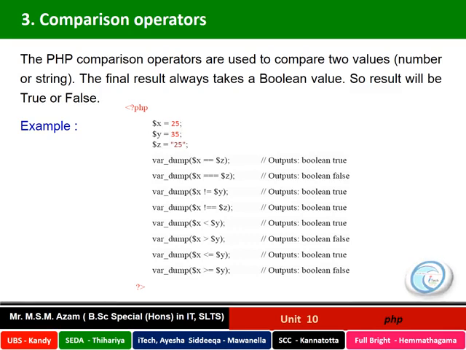But check their data types. X is an integer type variable and z is a string type variable. Therefore their data types are different and the output should be boolean false.